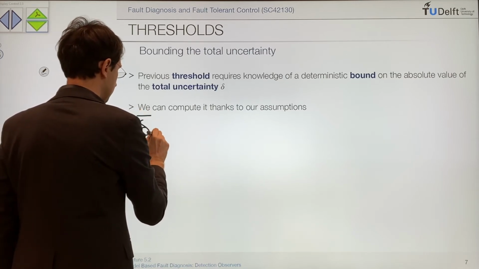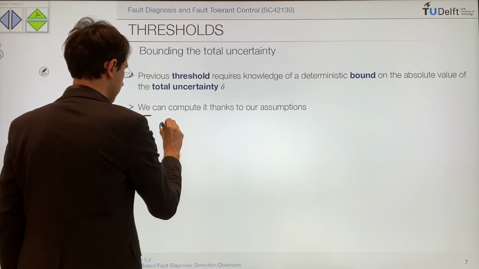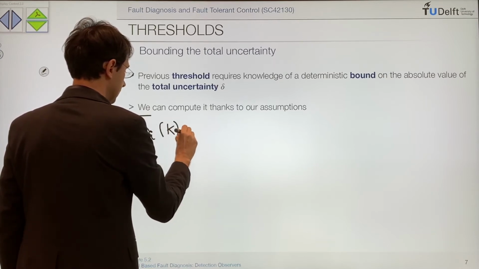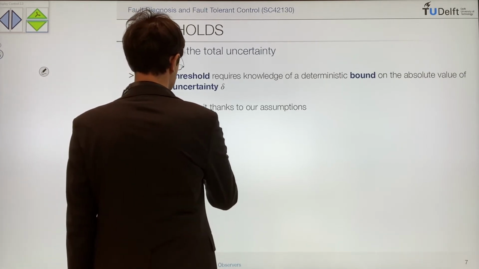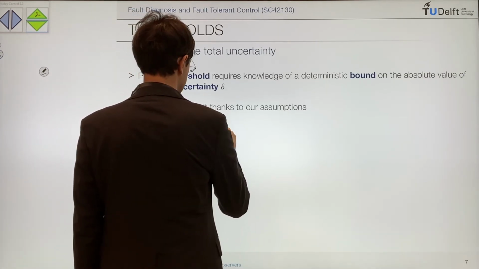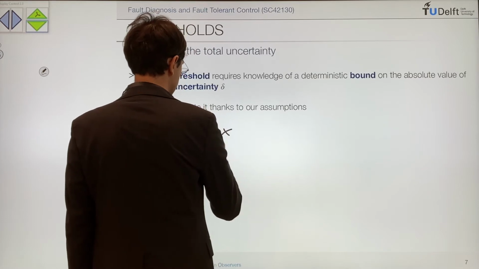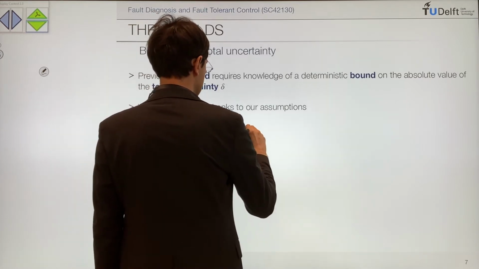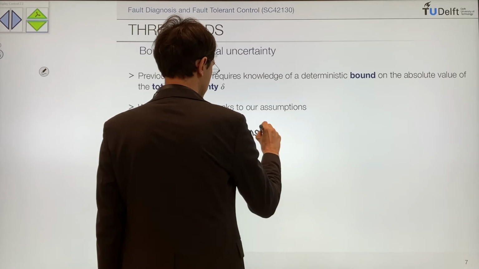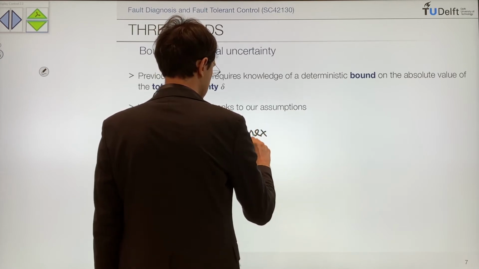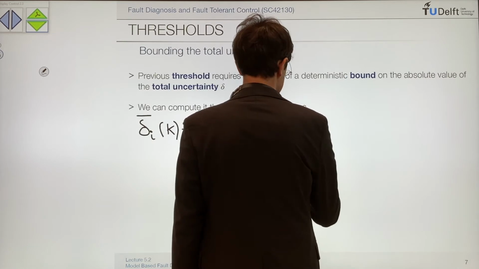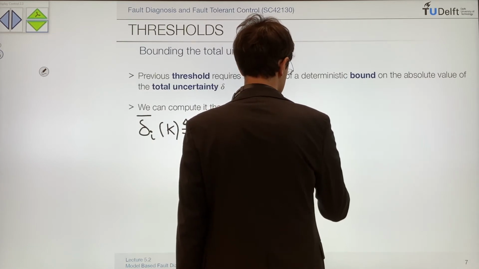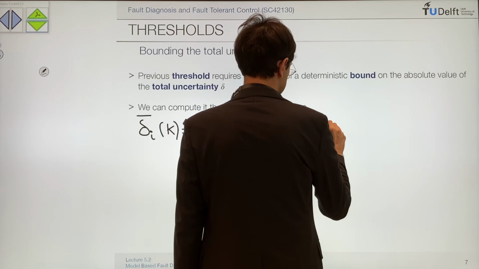Delta over bar component I at time k is equal to, by definition, the maximum over all possible values of eta and the maximum over all possible values of psi of the absolute value of delta component I at time instant k.